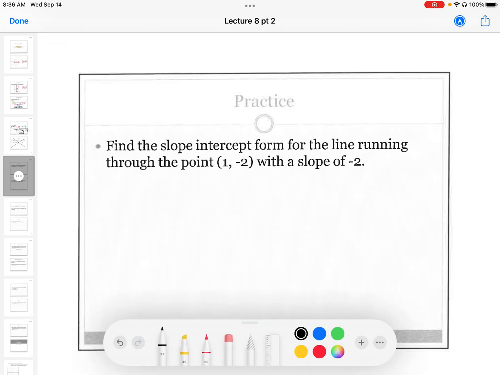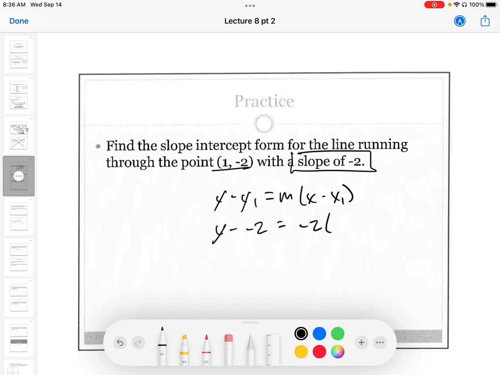Okay, so we've got a point and we've got a slope. So I'm going to plug that directly into my y minus y sub 1 equals m times x minus x sub 1. So y minus a negative 2 equals a negative 2 for my slope, x minus 1.